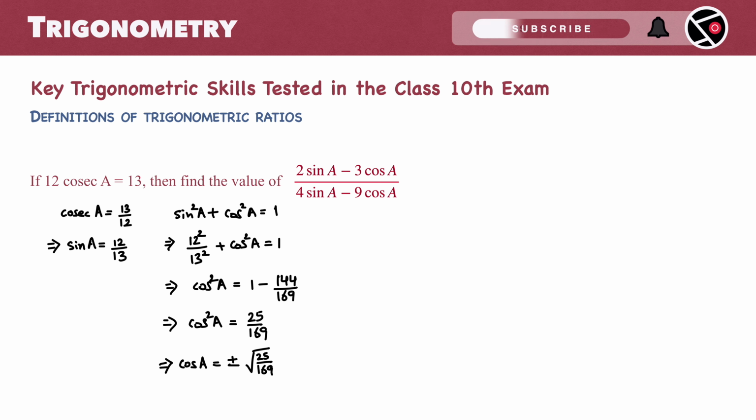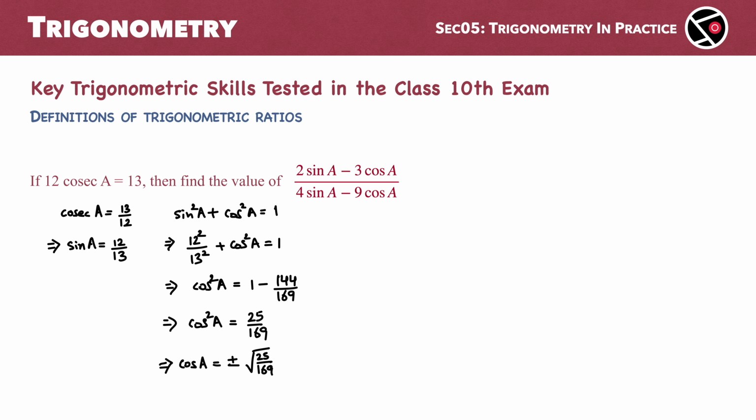Let's assume A is in the first quadrant, where all trigonometric values are positive. So we drop the negative sign. Cos A is 5 by 13.